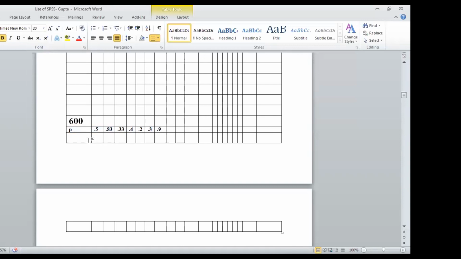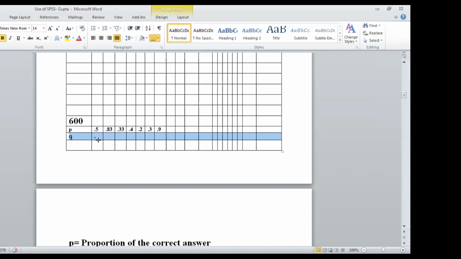And then you can find out Q. Q means this will be 0.5.